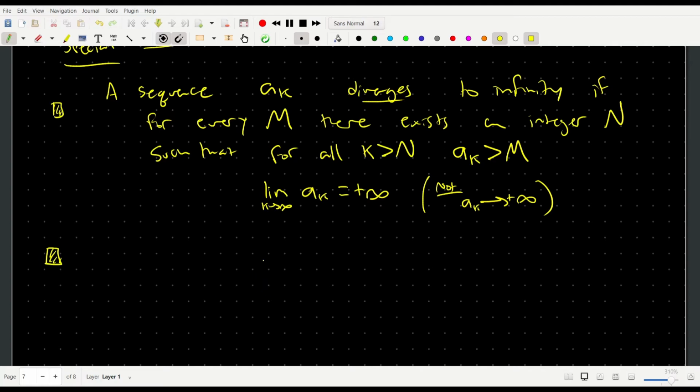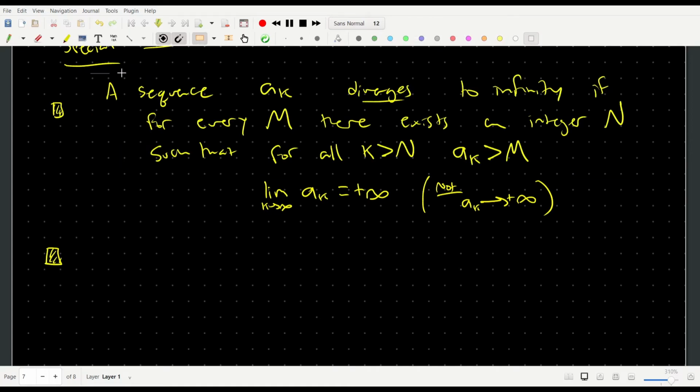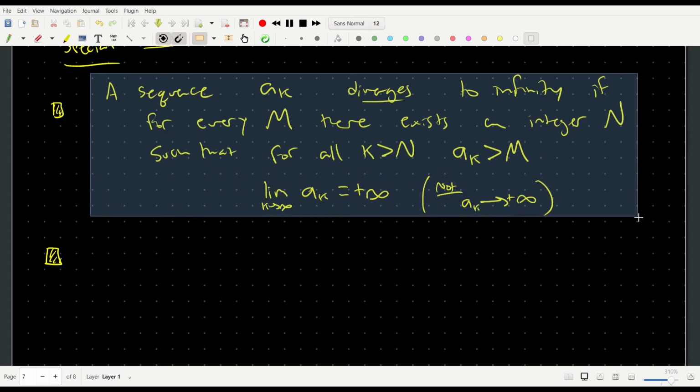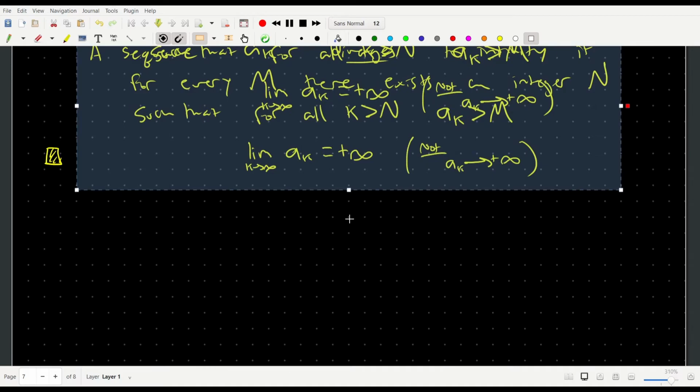And we have a very similar statement for divergence to negative infinity. So similar, in fact, that I'm just going to copy this over and change a few things so that I don't have to rewrite it.